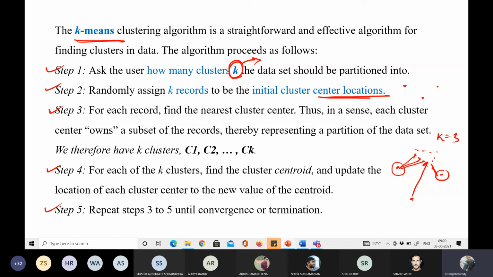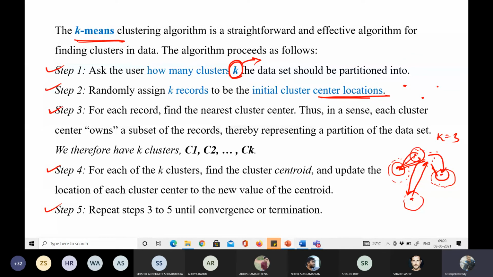Those clusters will have the centers as I have chosen in the previous step. So here it will be one cluster, here another cluster, here another cluster. In these 3 clusters, I am going to put all this dataset, based upon the distance.